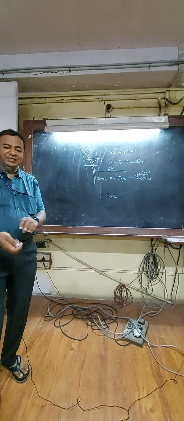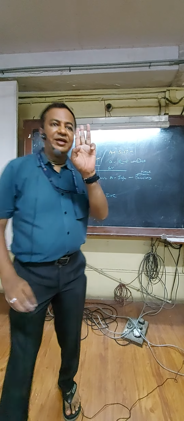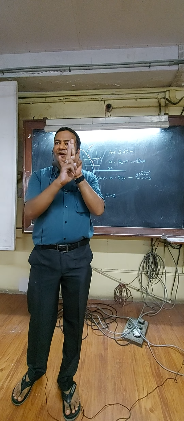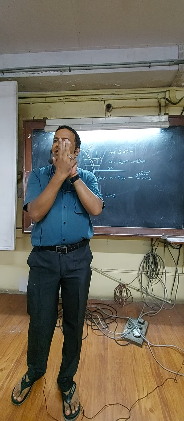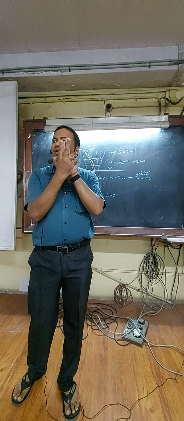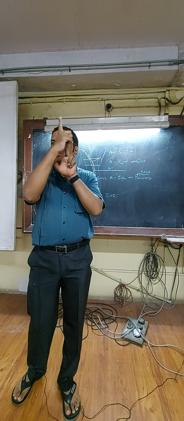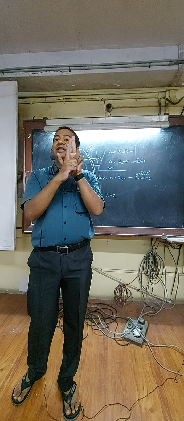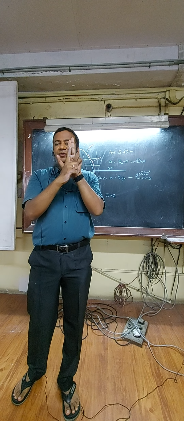Basically, the structure is like this. The portal vein is always like this, and in front of it are two structures, one artery and the bile duct. The name of the artery keeps on changing. Sometimes it is the hepatic artery in the upper part, and in the lower part it is the gastroduodenal artery.